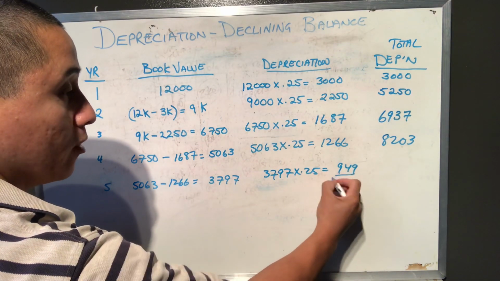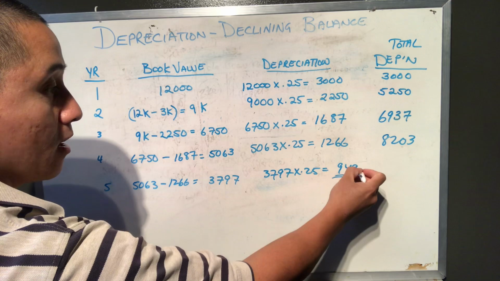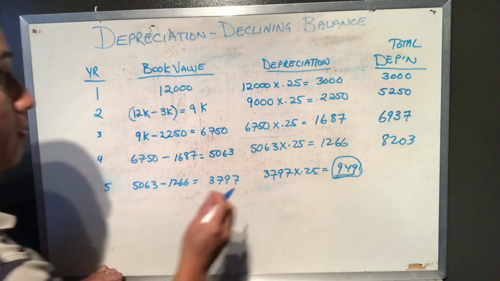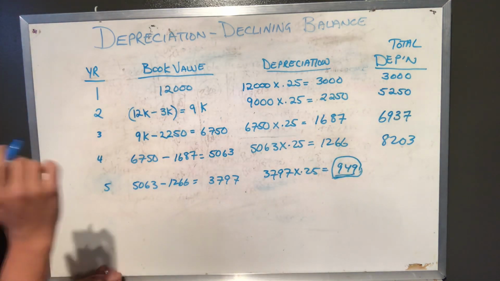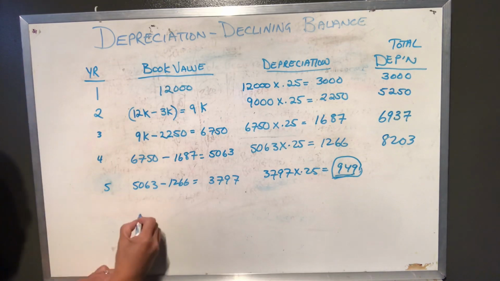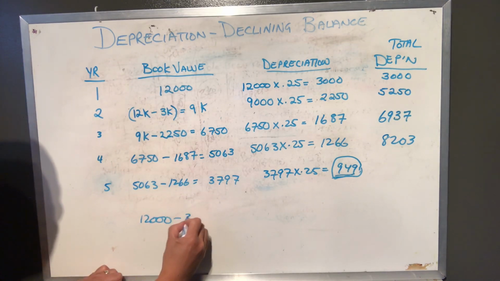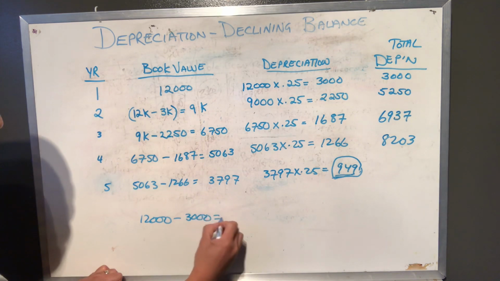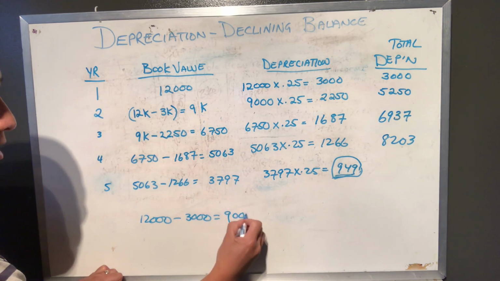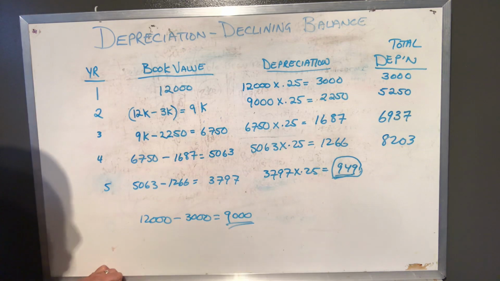But we will not be recognizing this on the books because remember that the total depreciation was originally the $12,000 minus the estimated salvage value of $3,000, and that's $9,000 in total over the useful life.